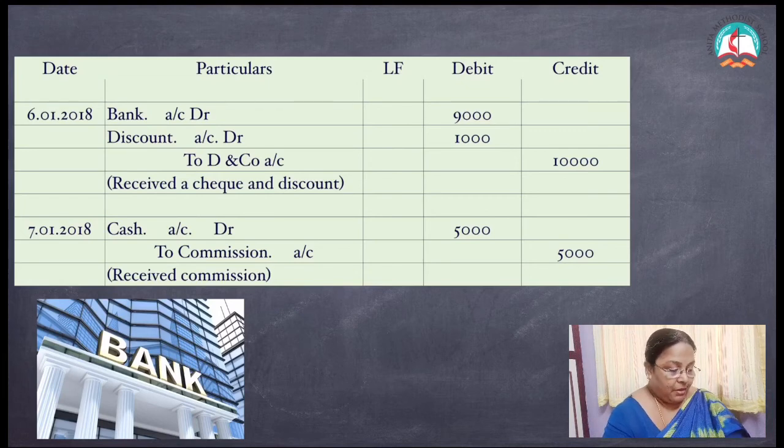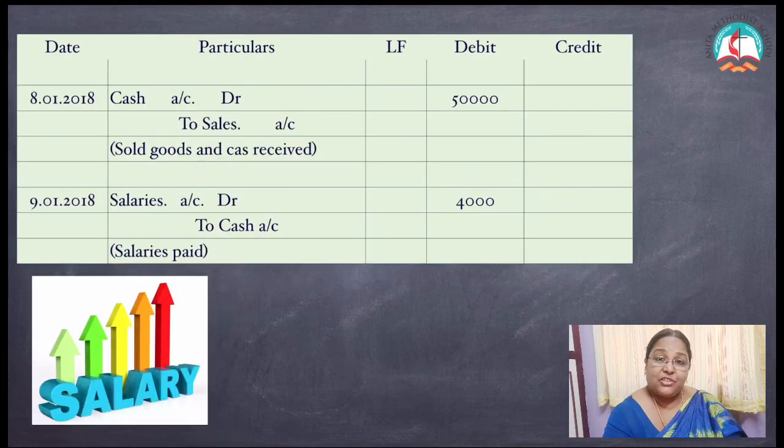Next one. Sold goods and cash received. Sold goods. Sales always debit or credit? Very good. Sales always credit. What comes in? Cash. So what's the entry? Cash account debtor to sales account. Salaries paid. Salaries paid through cash. So salaries account debtor to cash account.